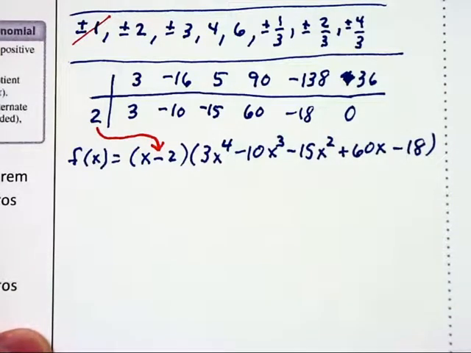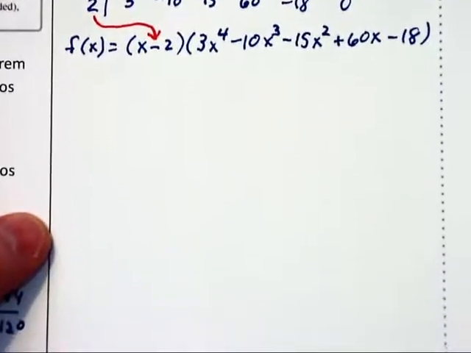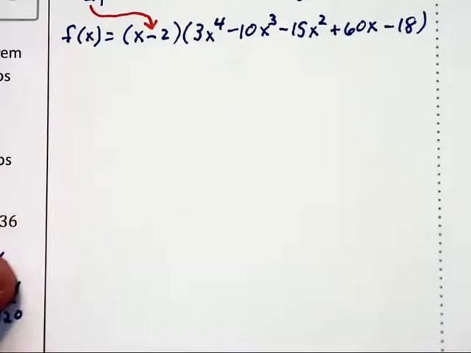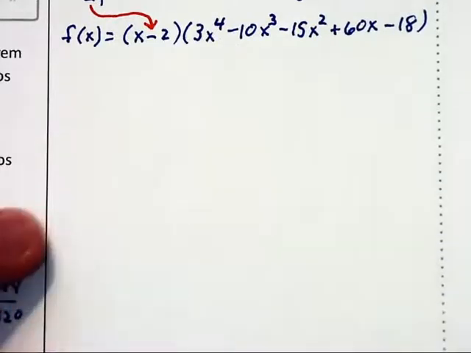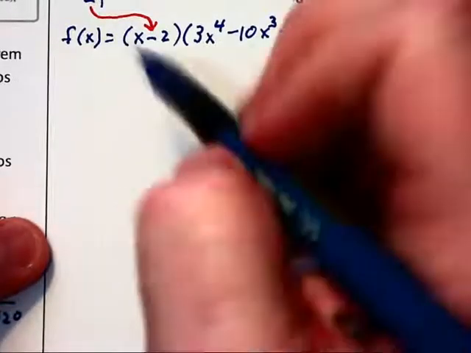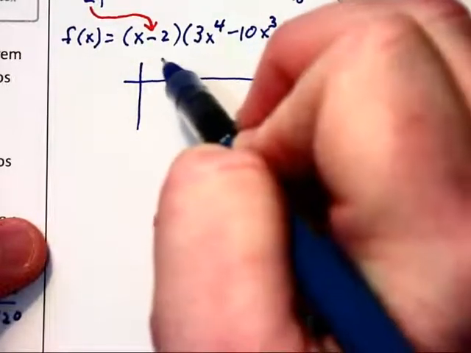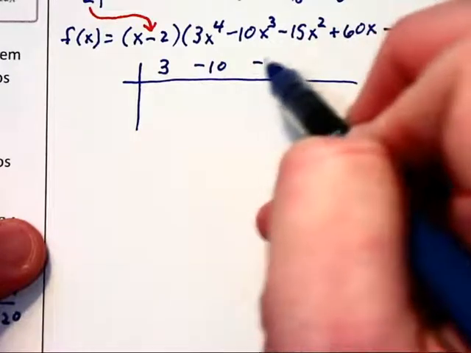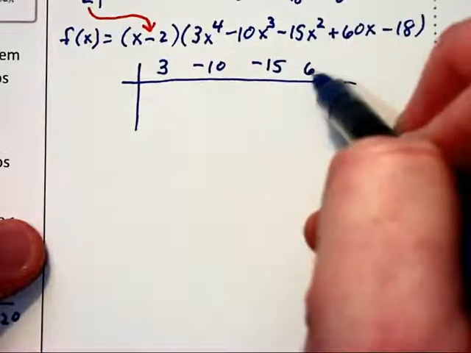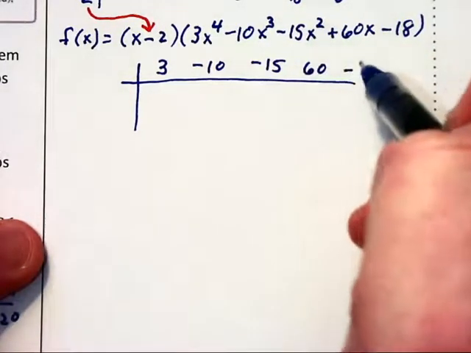Now we need to break this down, and we're still going to work with potentially that same list of zeros. And so here we go with some synthetic division. 3, negative 10, negative 15, 60, and negative 18.